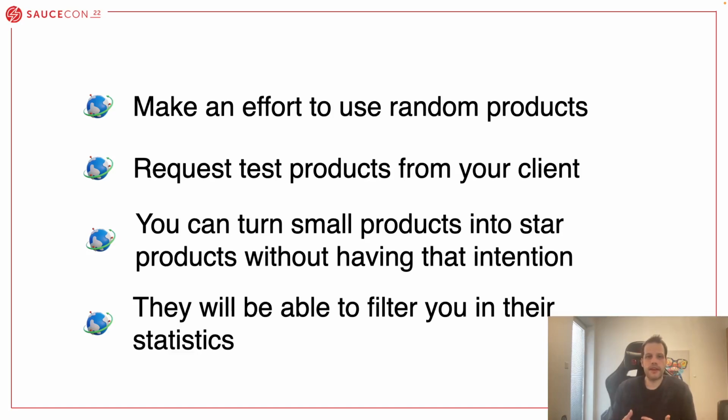Or maybe we can even make these products have special conditions or intelligence, like maybe we need just a simple product, or a product without stock, or a product with different colors, etc. If we don't want to make this effort, we can request our client to create a test product for us, and here we can, or we should, put an amount of $9 million, for example, on it, so nobody will buy it.